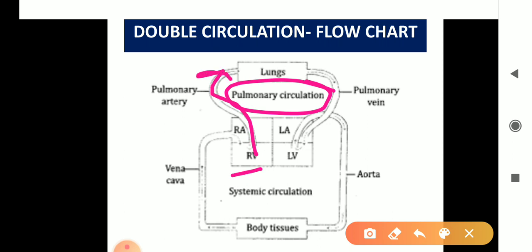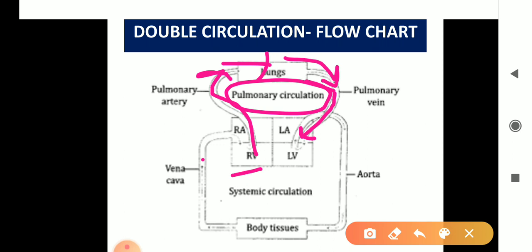Then the blood flows into the vascular system of the lungs, and through the lungs it becomes oxygenated and returns into the heart through the pulmonary vein. And this circulation is called pulmonary circulation.